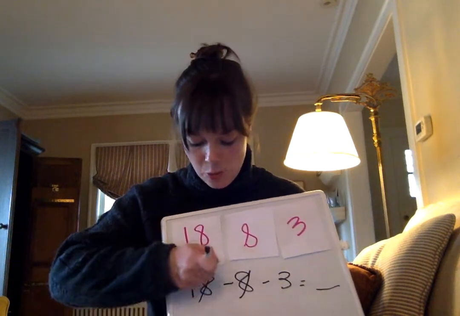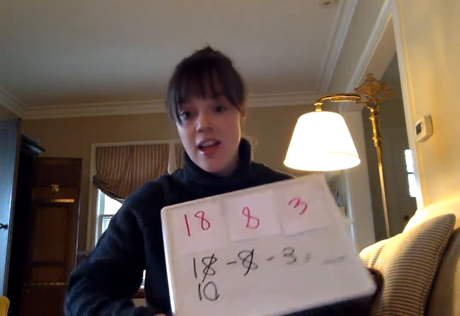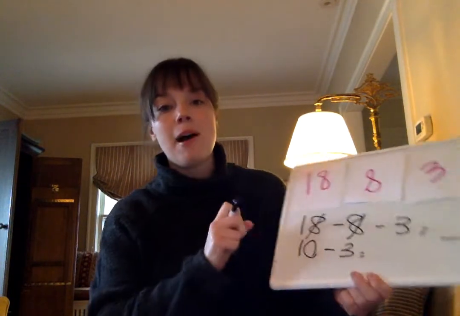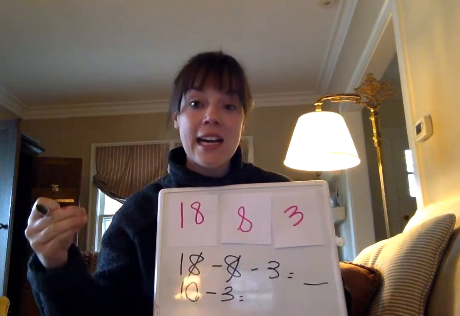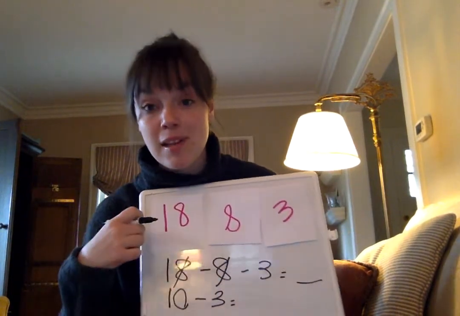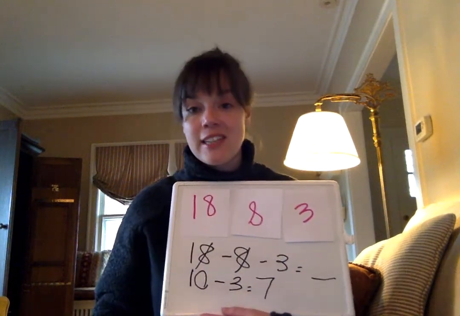So if I take the ones away, this turns into 10. Now I just have 10 minus 3. And if I think about my pairs that add to 10, I know 7 and 3 is a pair that adds to 10. So 10 minus 3 must equal 7. So that's another way to get to 7.